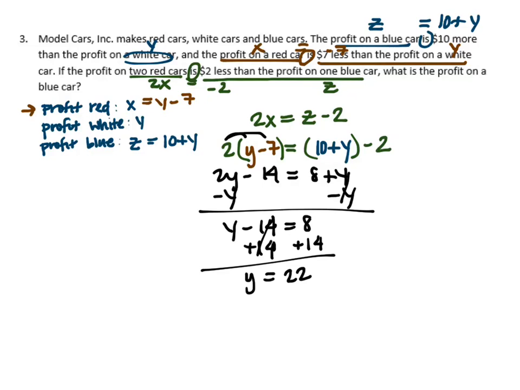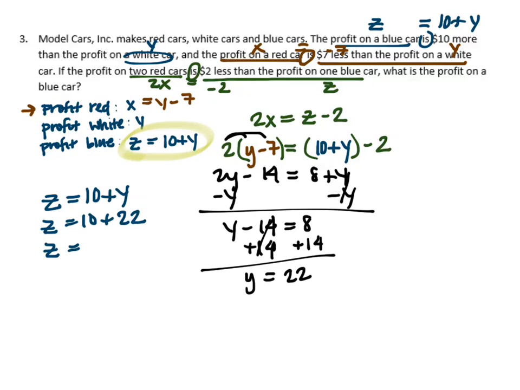So that's interesting, but that's not exactly the question we were asking. The question we were asking is, what's the profit for the blue car? And the blue car has the equation of z is equal to 10 plus y. So I can rewrite this over here and substitute in for y that 22. So z is equal to 10 plus y. So then z is equal to 10 plus 22.